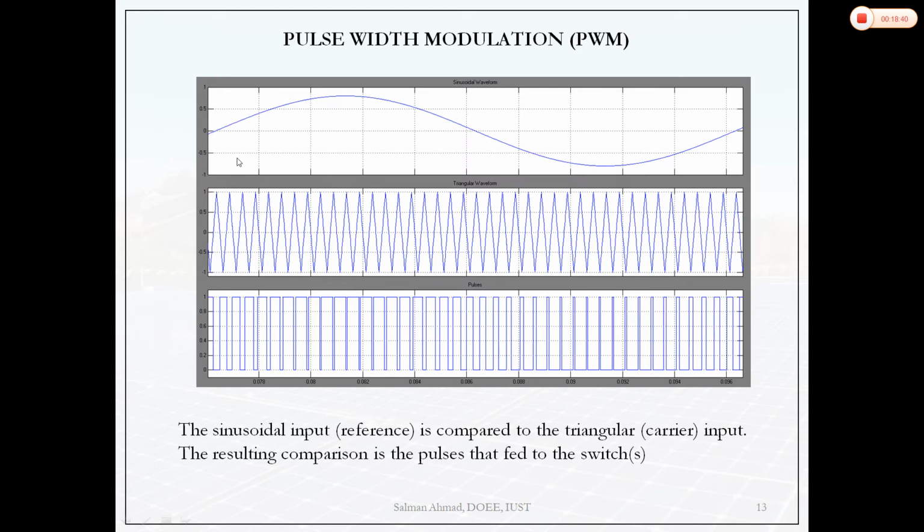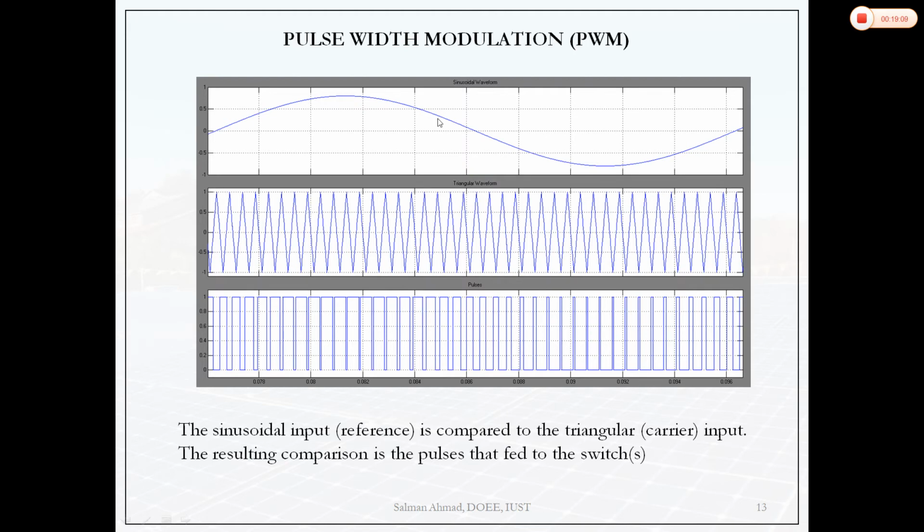So this is the reference signal, and this is the carrier signal. The carrier frequency is very high, and the reference signal will have the same frequency as that of the output. For example, if you want the output frequency to be 50 hertz, this reference signal will be of 50 hertz. And this carrier has a very high frequency.